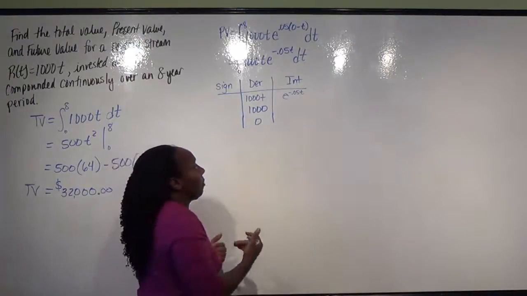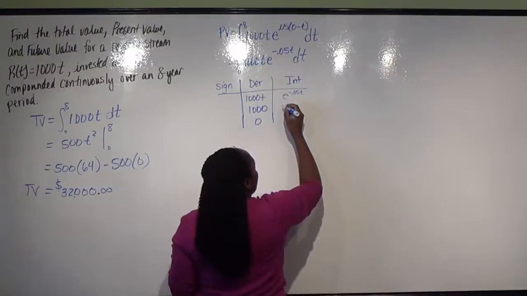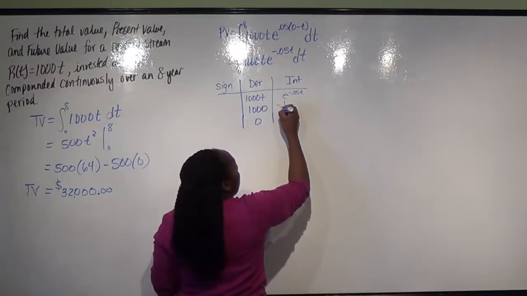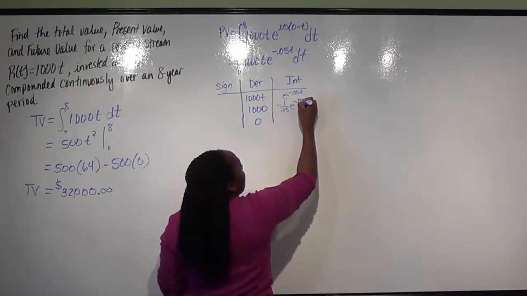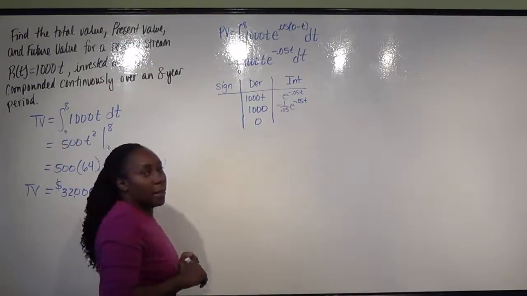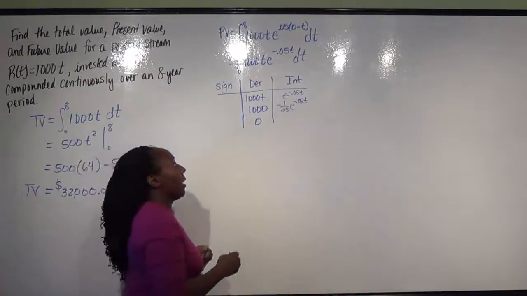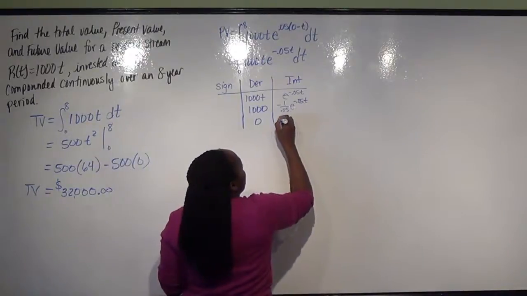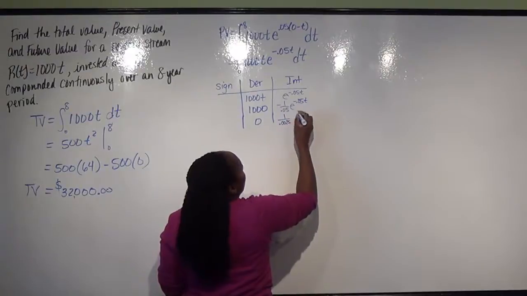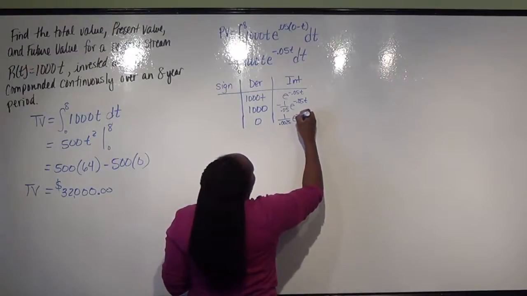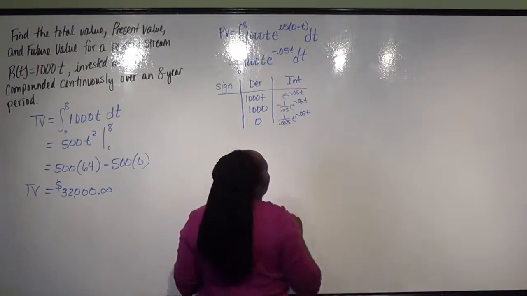Integrating that, remember I'm going to divide out by the coefficient, so we'll get a negative 1 over 0.05 e to the negative 0.05 t. And then for that second one, I need to divide out again. So it'll be a positive 1 over 0.0025 e to the negative 0.05 t.